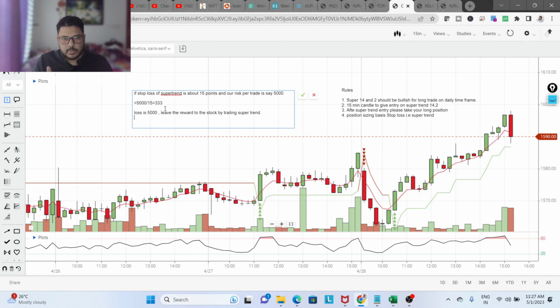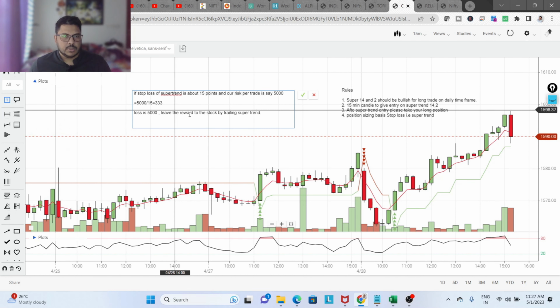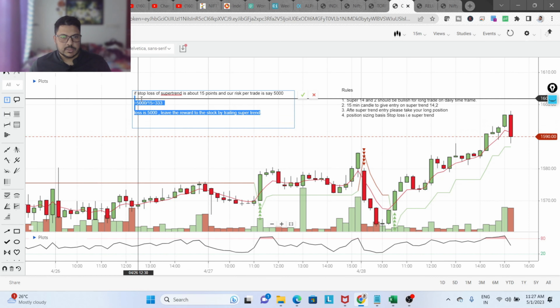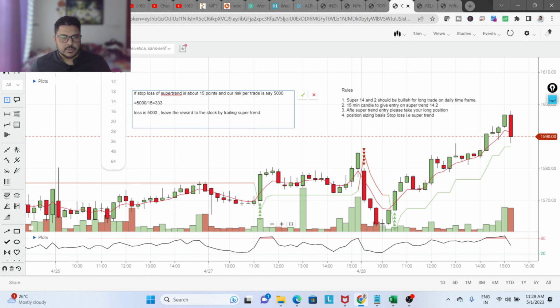Okay, you can book half the quantity, and then exit the other half at the end. So these are the rules which you should follow, and you should be able to consistently make money with this kind of rules.